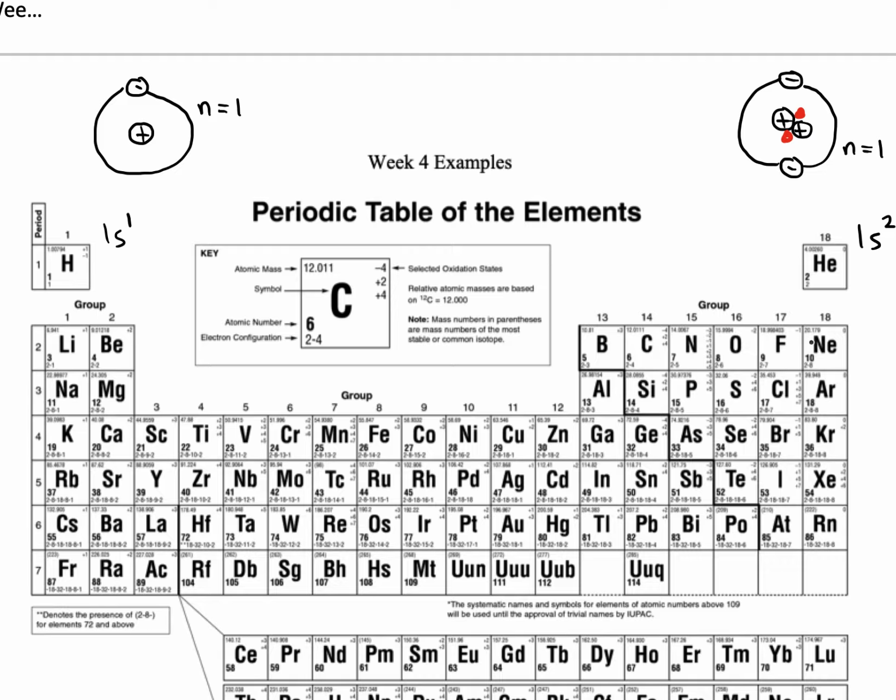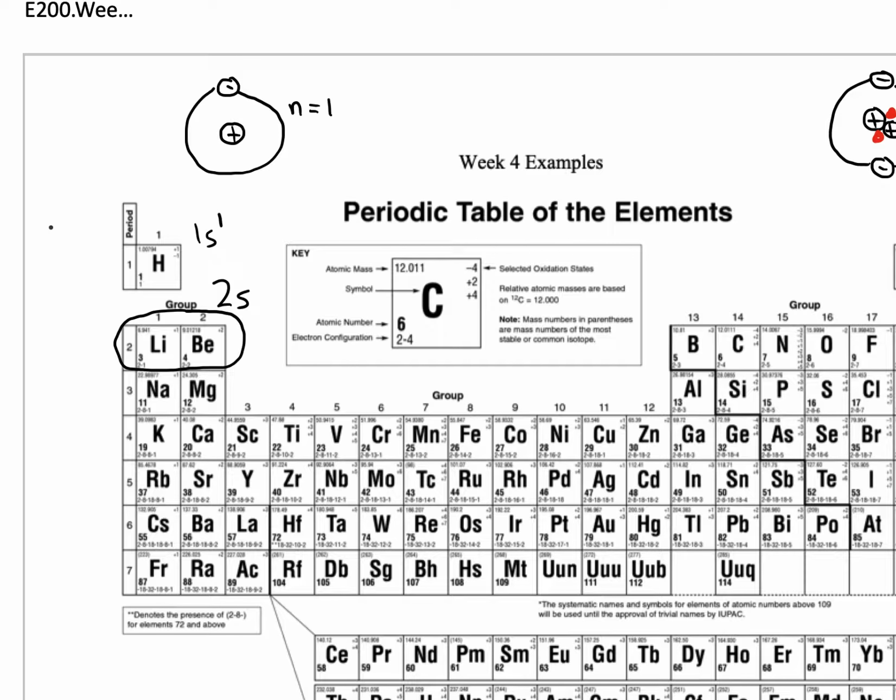So if we're going all the way to neon, here's what we'll find. We will find electrons in the 1s orbital. So the electrons that go in the second energy level for lithium and beryllium, they would be in what's called the 2s orbital. To draw these as an example, we could have a beryllium nucleus with 2 electrons in the 1s shell.